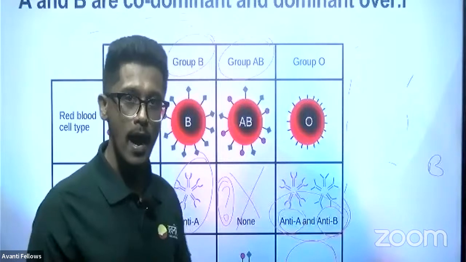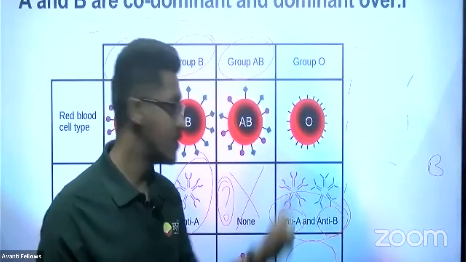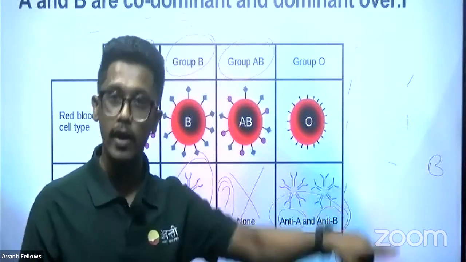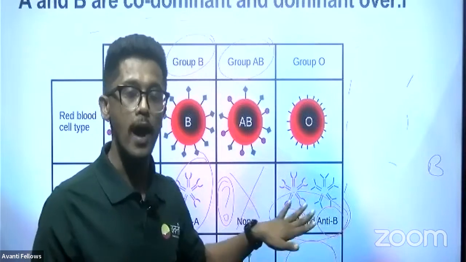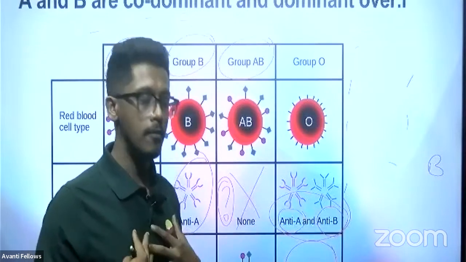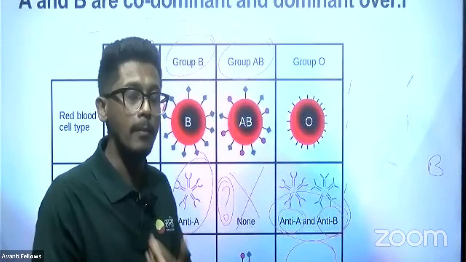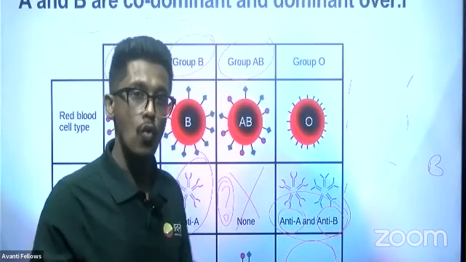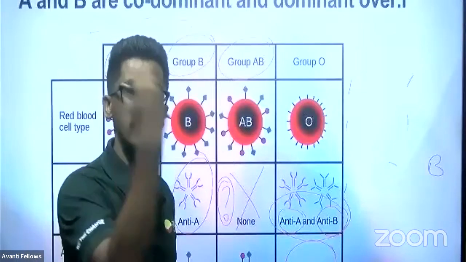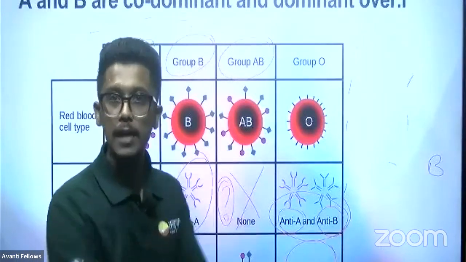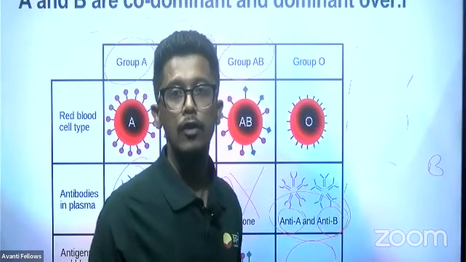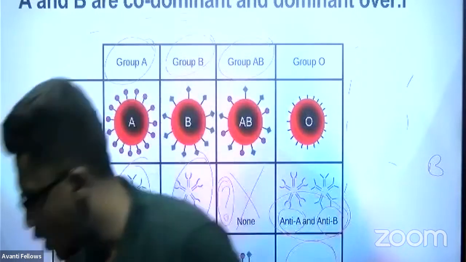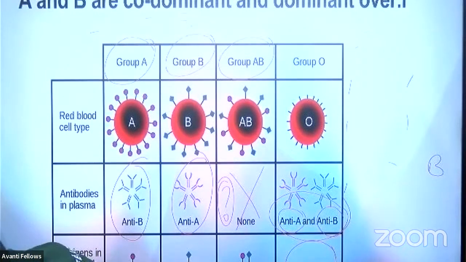I have both anti-A as well as anti-B antibodies. So that's why it will prevent me from accepting any other blood group except O. So O blood group people are called universal donors, we can donate blood to anybody, and AB blood group people are called universal acceptors.